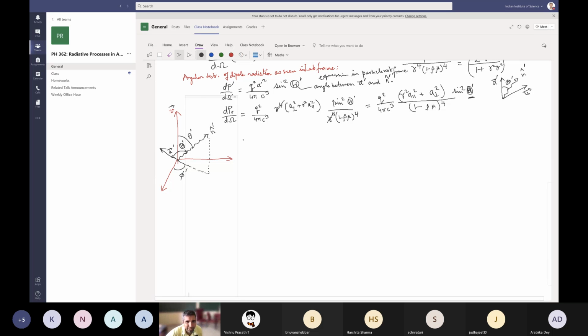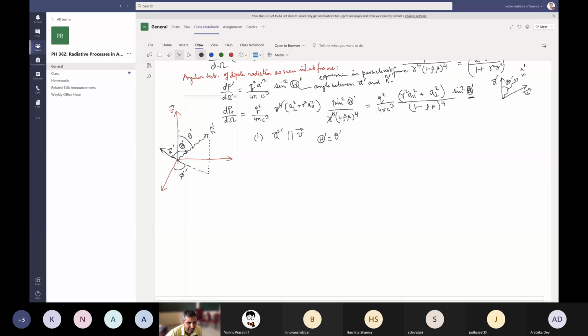Okay, but the general case is very hard to treat, so we'll do two special cases. Case one: when the acceleration a prime is parallel to the direction of the motion of the particle. In that case, capital theta prime is the same as small theta prime.